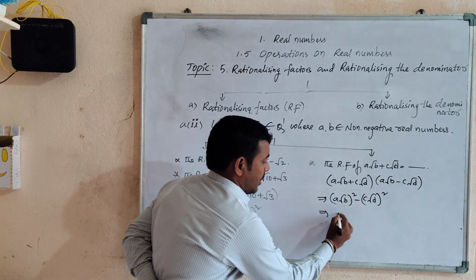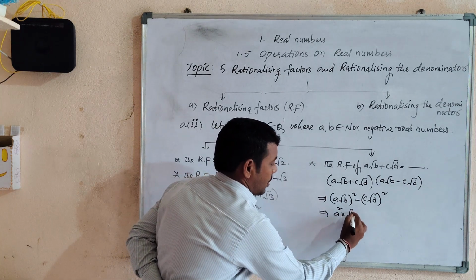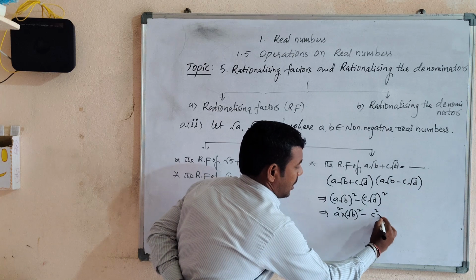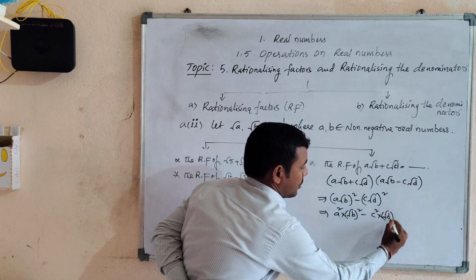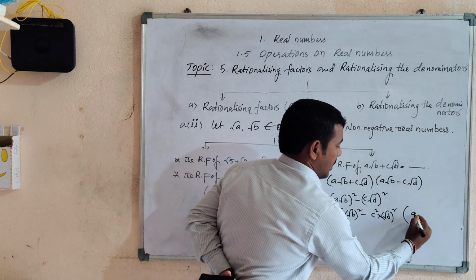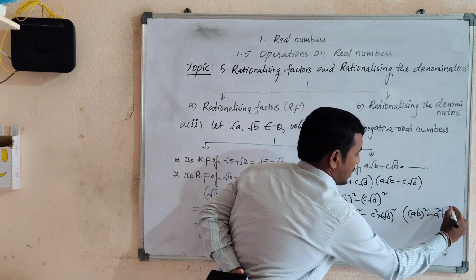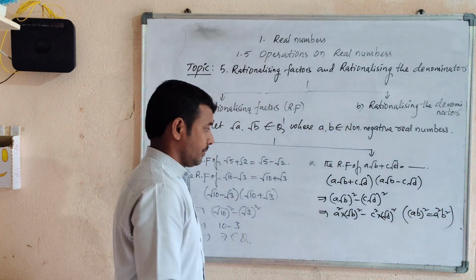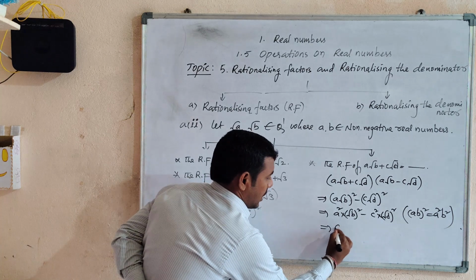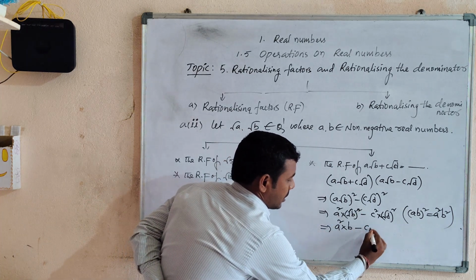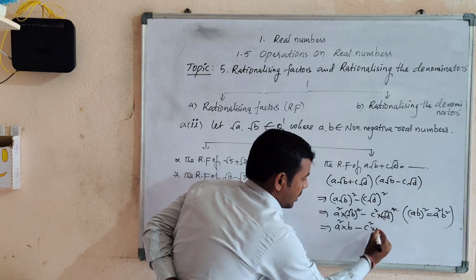Now a square into square root of b whole square minus c square into square root of d whole square. The reason: (ab) whole square can be written as a square b square. You know that. Now the answer is a square into b, since the square root cancels, minus c square into d.